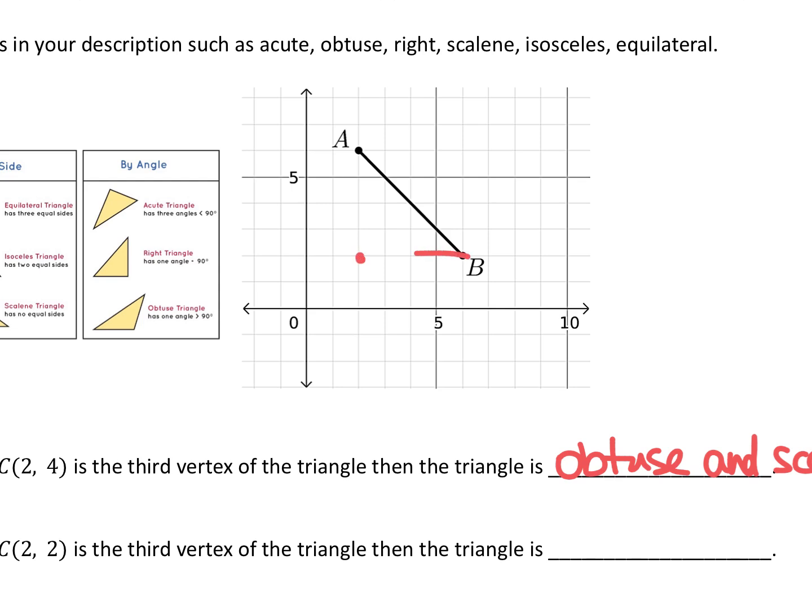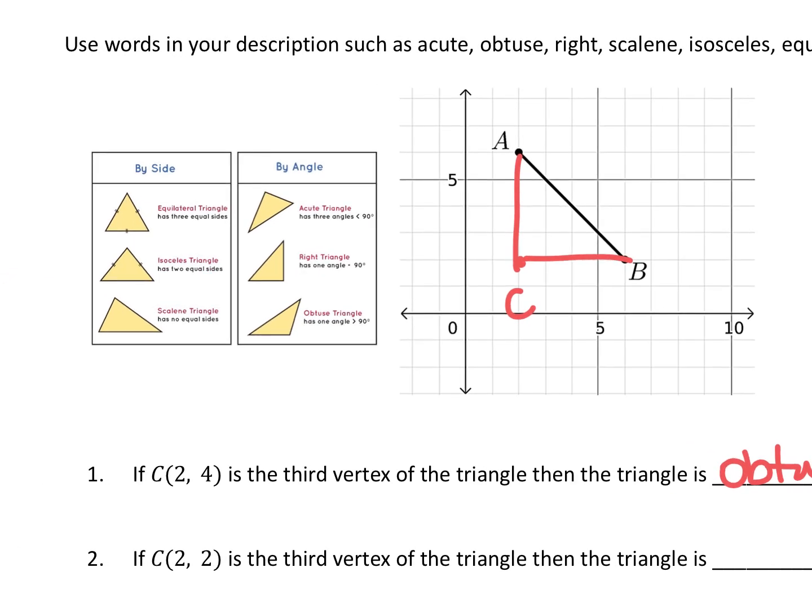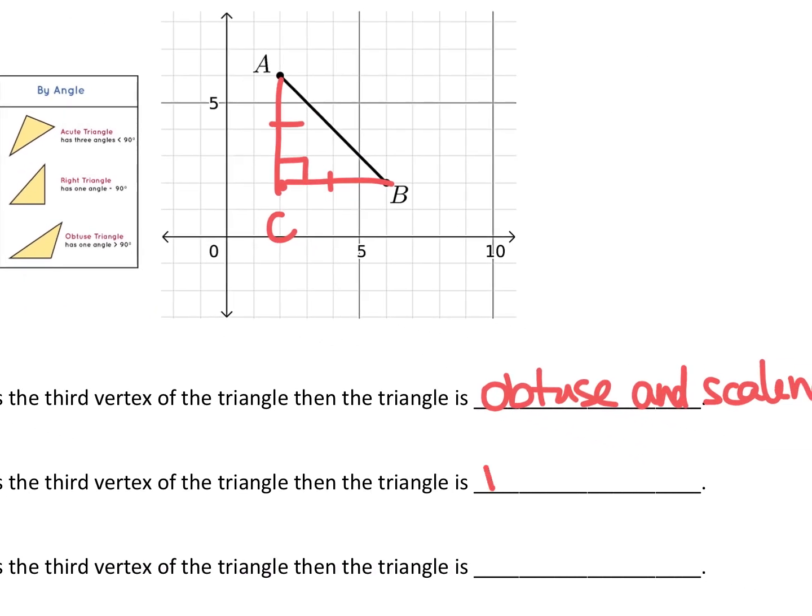And then we'll connect those two. So let's look at our little diagram. What kind of triangle did we just create? To me, it looks like a right triangle, and looks like 2 of the sides are equal. So that would be isosceles. Okay, so we would name this one right and isosceles.